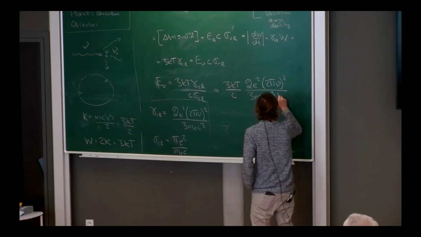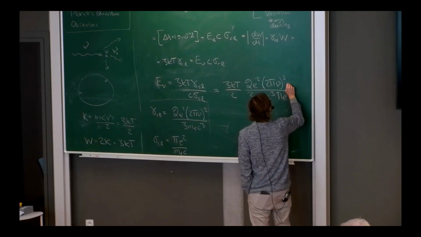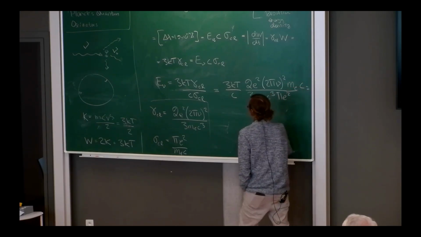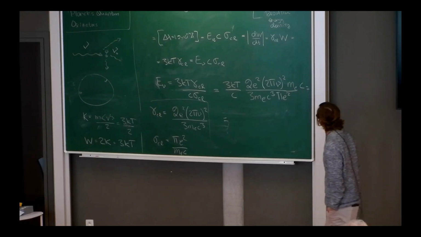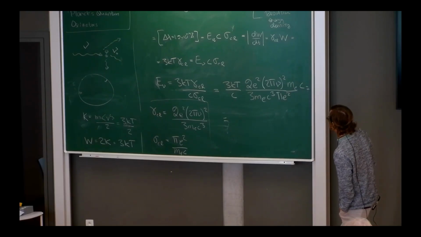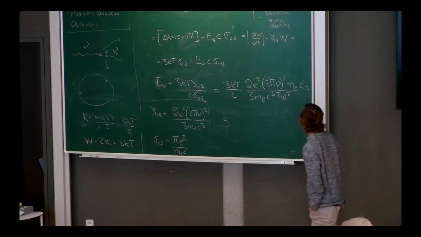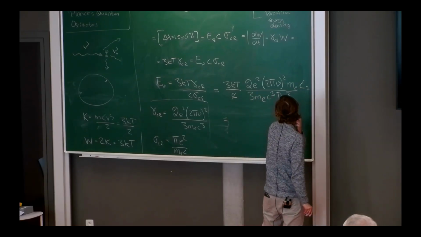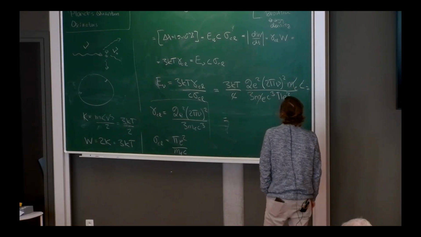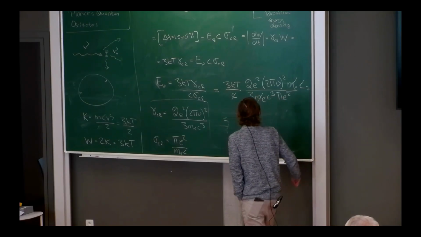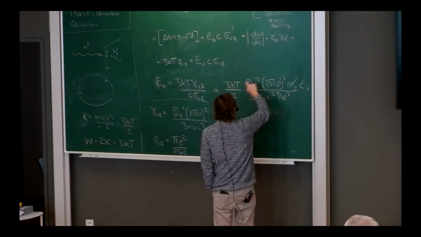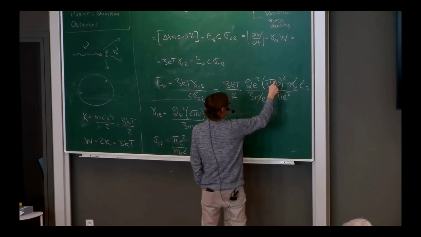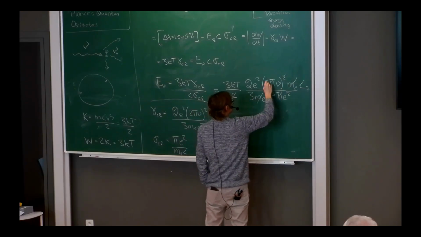And then we have this here, right? m e c. So these go away, the masses cancel. We have a 4 there, we have an 8, then we have a 3, and we have 1 pi left.